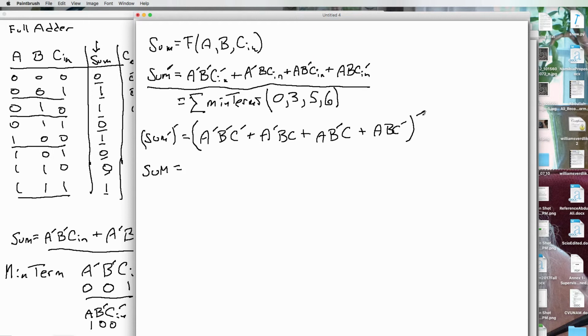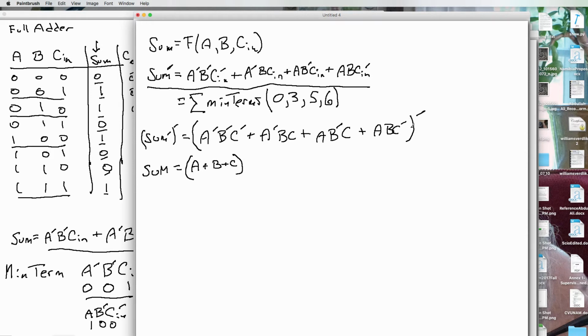It says I'm going to distribute this not over the terms inside, and I'm going to turn multiplication into addition, or in other words, I'm going to turn an and into an or, and I will turn ors into ands. So first of all, I'm going to distribute this not over these terms here, but whereas before I was anding these together, now I'm going to or them, and that's going to become A or B or C.